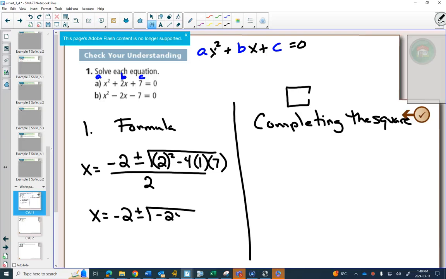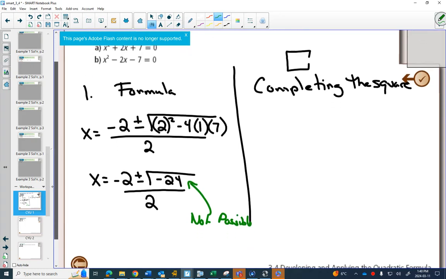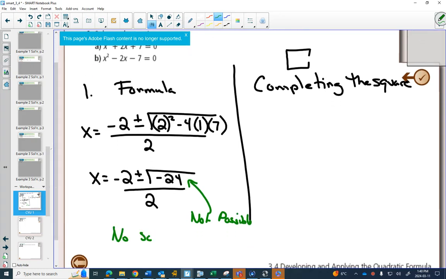You see that you'll get a negative 24 in there. And at this moment, with the quadratic formula, this is not possible. And so we would say, can't square root a negative number, there is no solution. At the bottom of your page it says no real root. Could go to those imaginary numbers, but we won't talk about them right now. Yes?